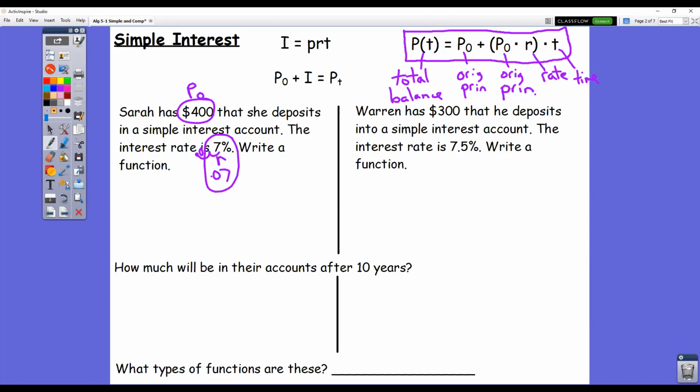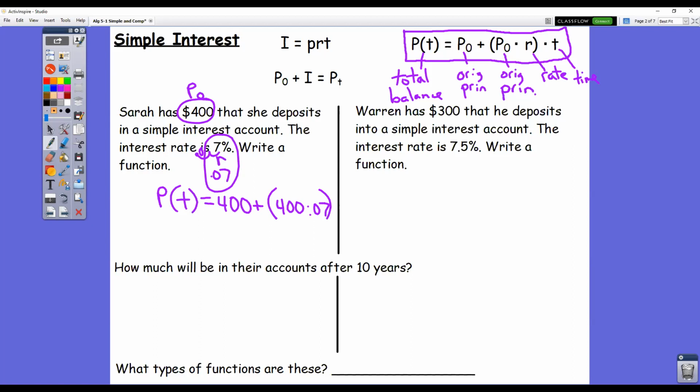Write a function to describe this. So it would be P of t, which is the total balance at a certain time, equals the original amount, 400, plus, in parentheses, the original amount, 400, times your rate, which would be 0.07, times the time.